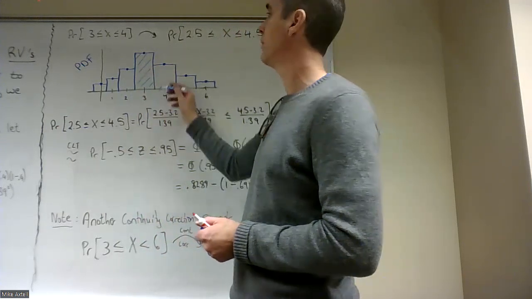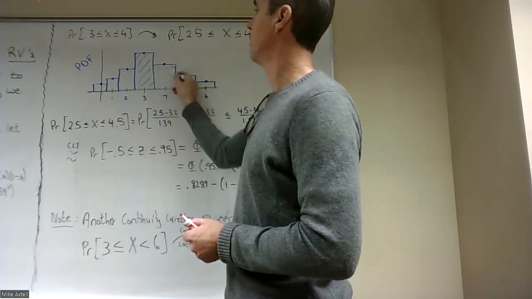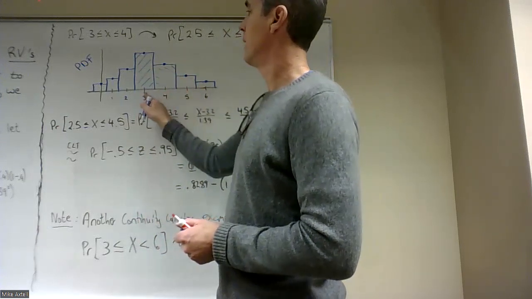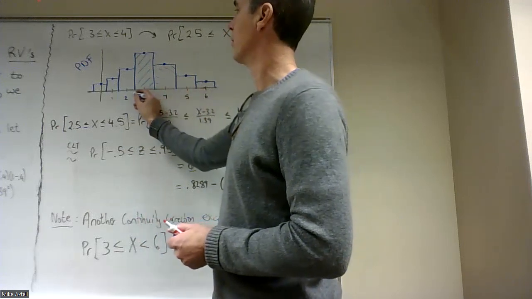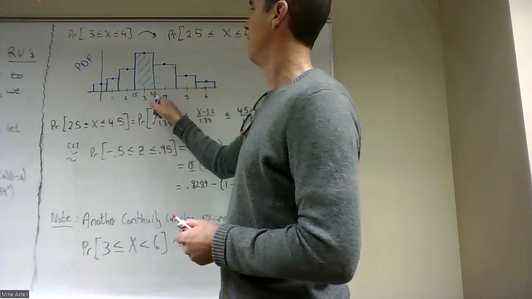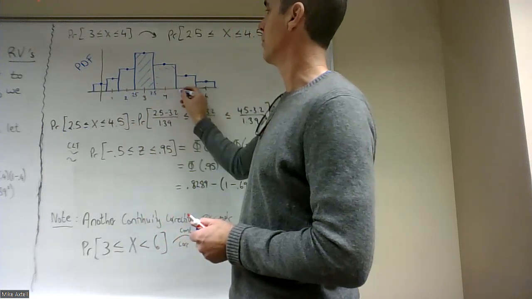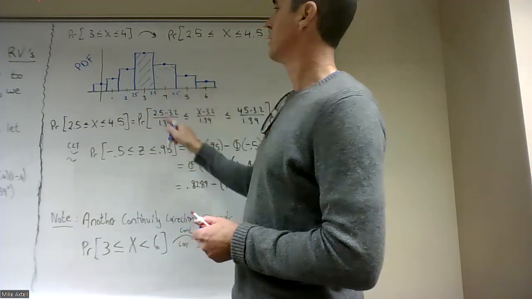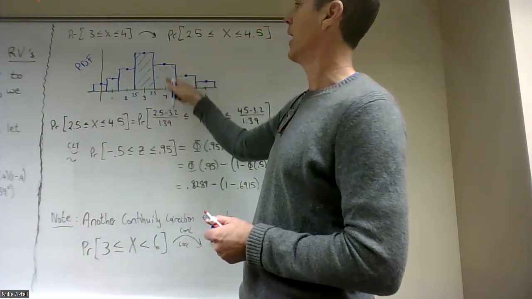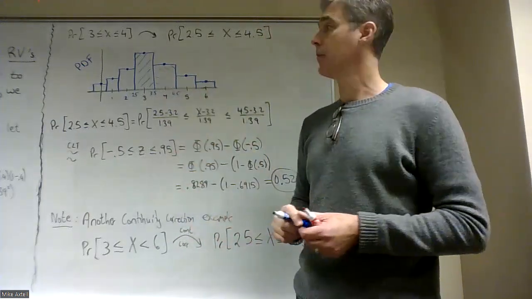And the probability that X is 4 is the area of this bar. Just keep in mind, the width is 1. I'm going from 2.5 to 3.5. And then for 4, the probability that X is 4, that's the bar from 3.5 to 4.5. So the area is a width of 1 times the height. So it's basically the area is the height, which is the probability, okay?